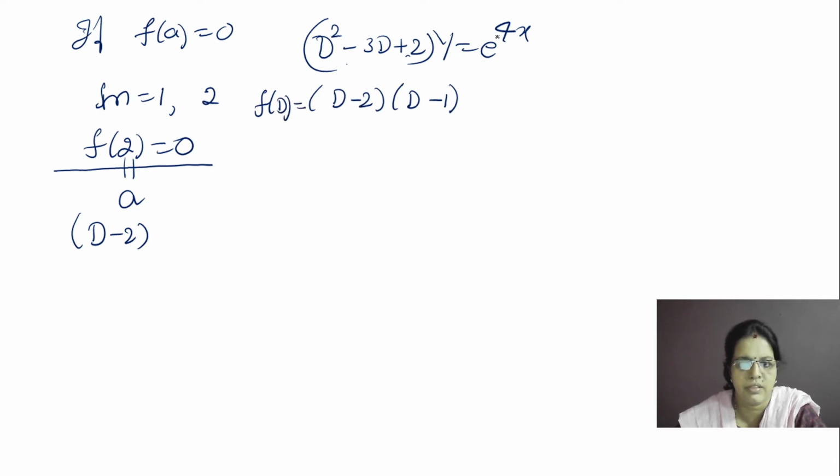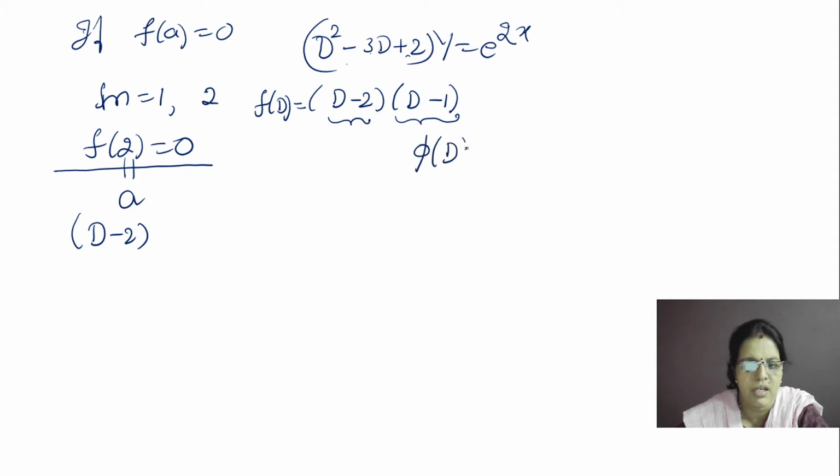So I am considering the case with e power 2x. If d equal to 2, the value written is a root of the equation, then d minus 2 is a factor. So f of d can be written as d minus 2 into something, say I will call it phi of d. So f of d can be written as d minus, here it is 2, in general it is a.